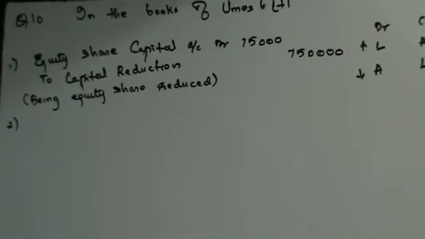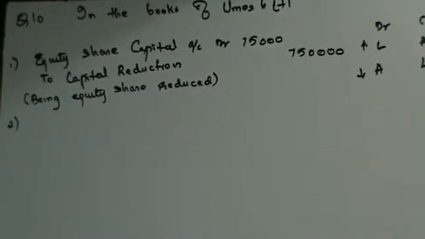They've given you that preference shares are to be converted into 13% debentures of 100 each with regards to 80% of their dues, including the arrears of dividend, and for the balance, including the arrears, equity shares of rupees 10 each shall be issued.